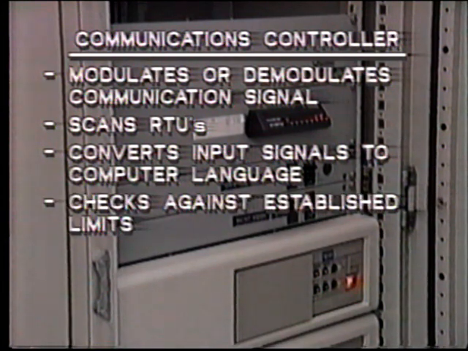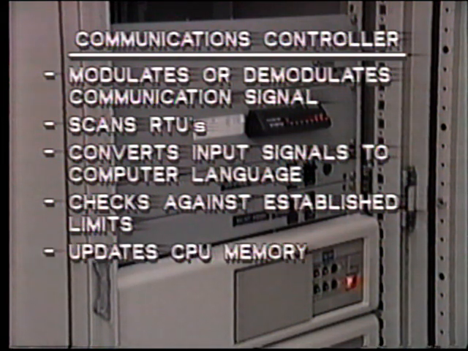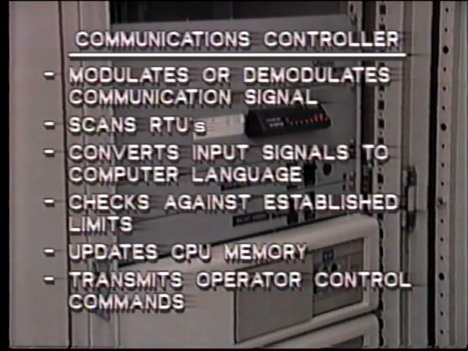Checks the values against established limits to trigger an alarm for abnormal conditions. When the scan is complete, say every few seconds, transfers data to update the CPU memory. This will normally take a few microseconds. Transmits operator control commands to the RTUs, including the SBO control check sequence.